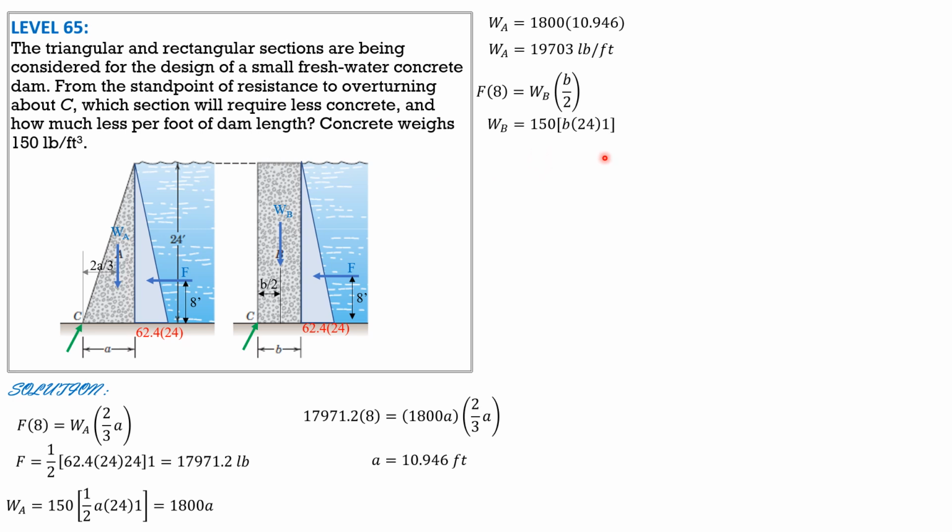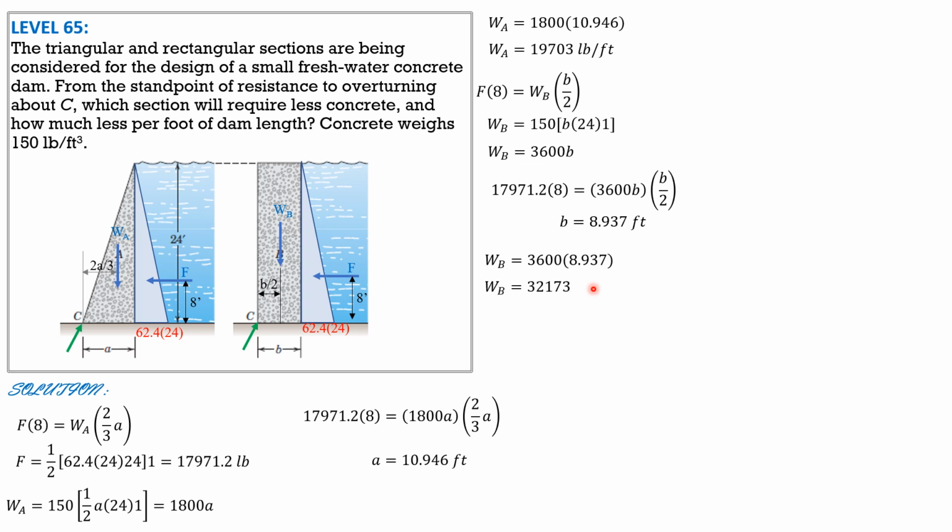So the weight of dam B is 3,600 B. Substitute here, where F is the same: 17,971.2 times 8 equals 3,600 B times B over 2. So B is equal to 8.937 feet. Then the weight of dam B per foot is 3,600 times 8.937 feet, so the weight of dam B per foot is 32,173 pounds per foot.